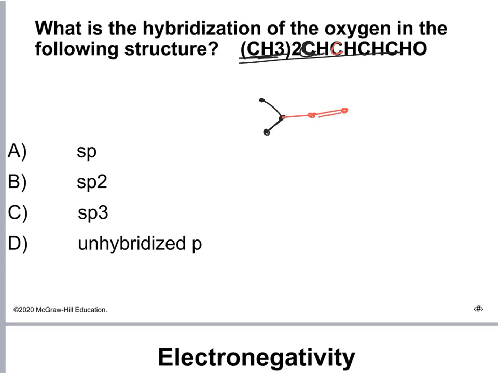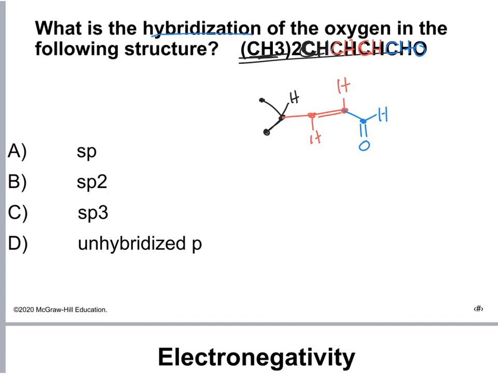This has got to be a double bond here. And then you can draw your H's in there. If you wanted to draw this H, and that H, and then this is a CHO, which I know is an aldehyde. Okay, so here we have that.